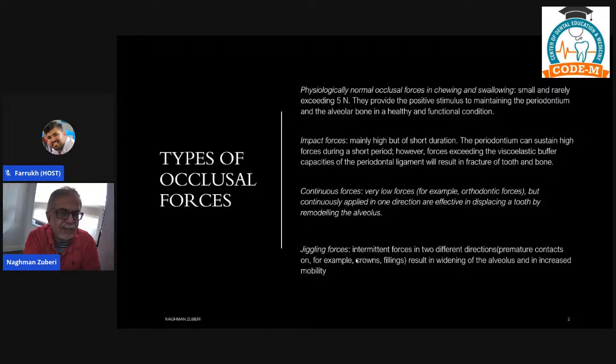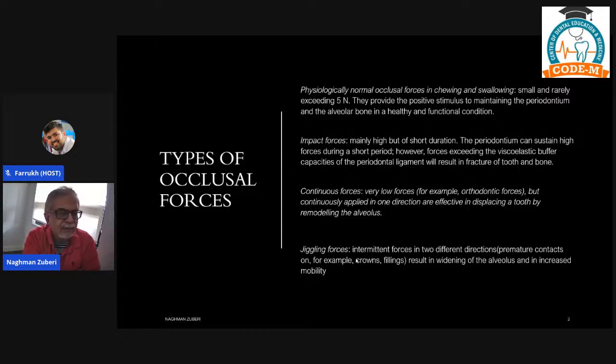These forces provide positive stimulus to maintain the periodontium and the alveolar bone in a healthy and functional condition. If you extract a tooth, then these forces won't be there and will lead to disuse atrophy of periodontium.